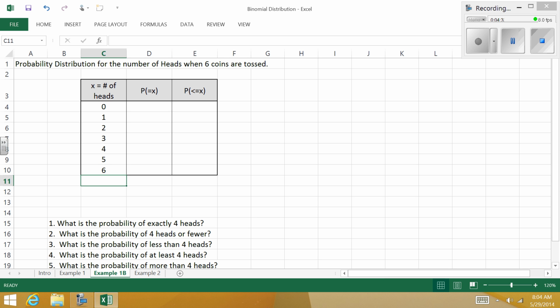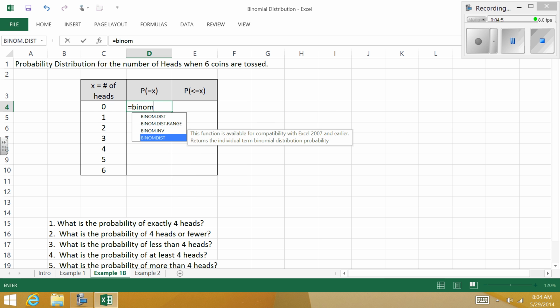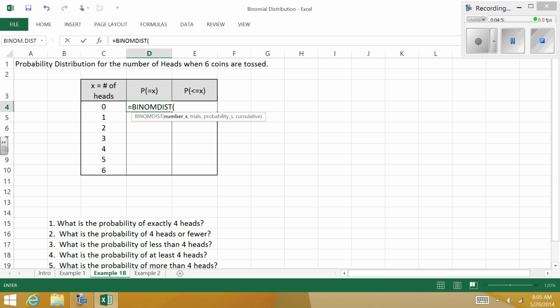So what we've listed here are all possible outcomes of an experiment where we toss 6 coins and count the number of heads. And what we're going to do then, the probability distribution will give us the probability of each one of those outcomes.